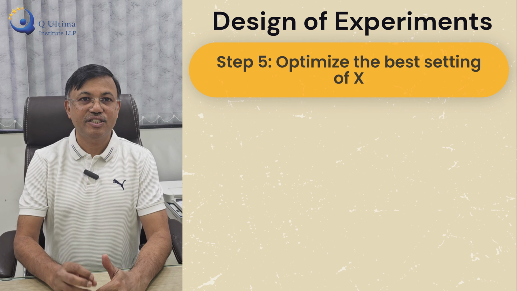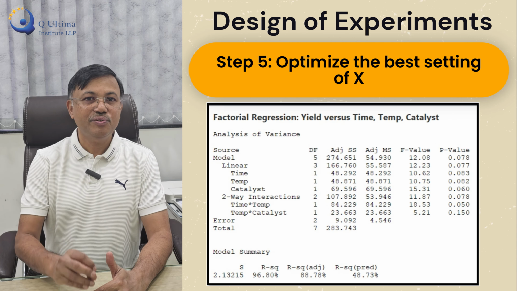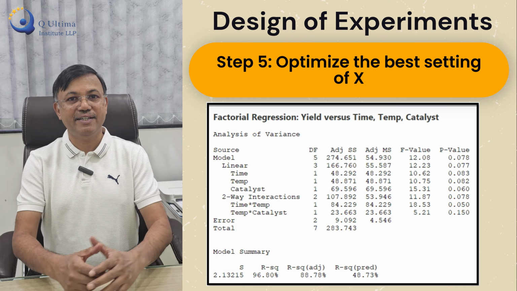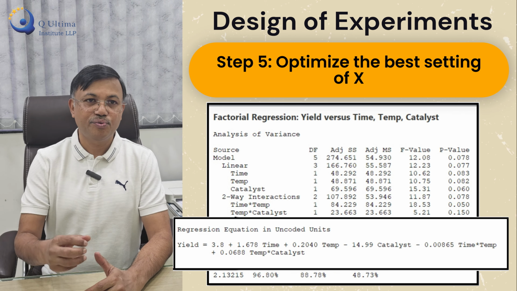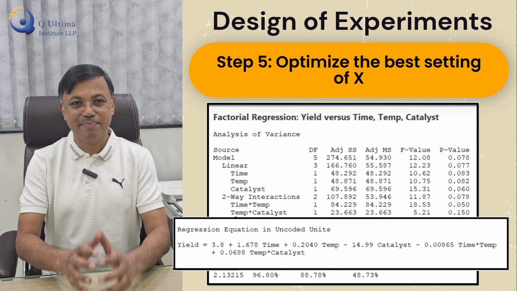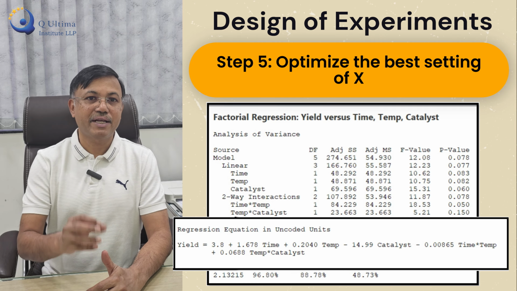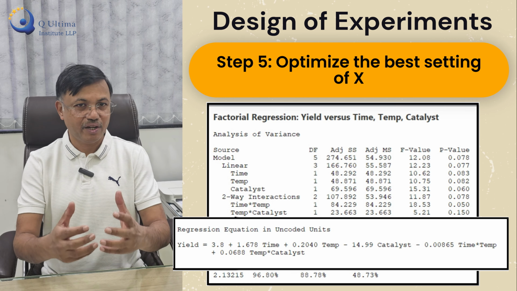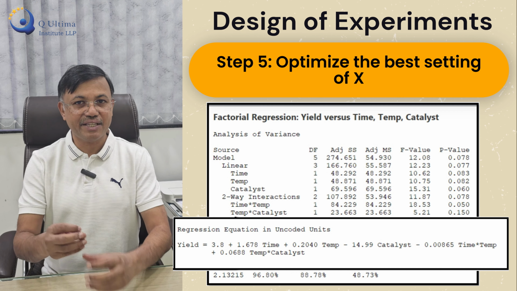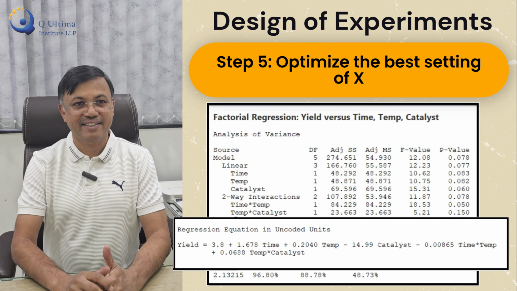Step 5 is optimize for the best setting of x. Now we use our model, which we identified in step number 4, which is y equal to f of x, to find the sweet spot, that is the best optimal point. Based on our objective, whether it is maximizing the yield, minimizing the defects or reducing the cost, we manipulate our x variables in the equation to find the ideal settings.